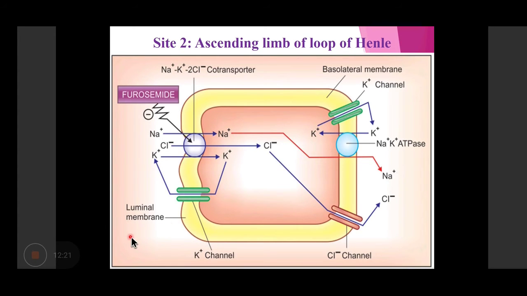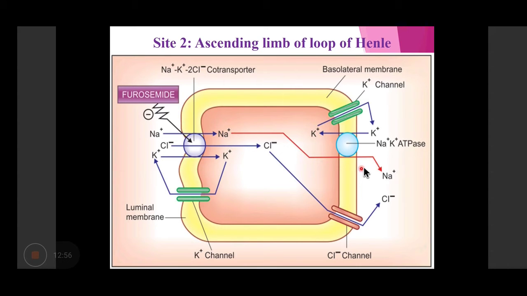Here the luminal membrane is towards the left and the basolateral membrane is towards the right. This transporter has the job of transporting sodium, potassium, and to maintain electrical neutrality, 2 chloride also, inside the tubular cell. This is there in the ascending limb of loop.